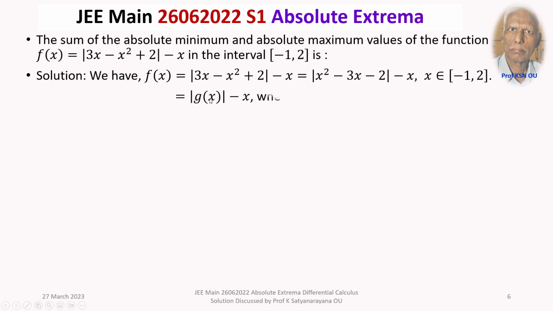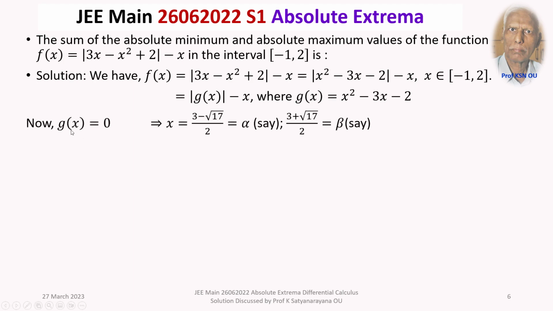This is equal to mod of g of x minus x, where g of x is x square minus 3x minus 2. Now, we make g of x equal to 0 and we find the roots of this function.